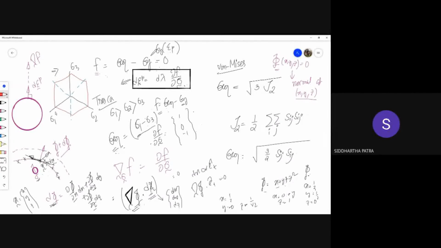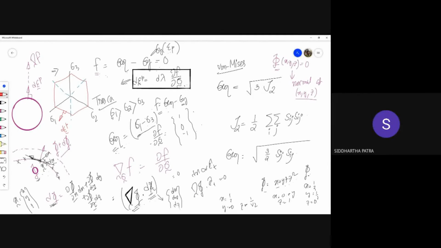When we are talking about, let's say, when sigma 1 is greater than sigma 3, maybe we can take this line right here. So d epsilon p is normal to that side of the hexagon.